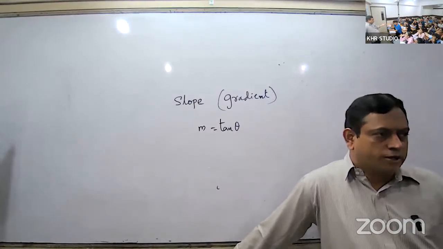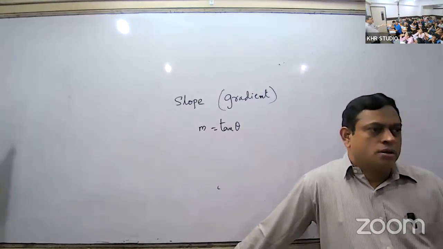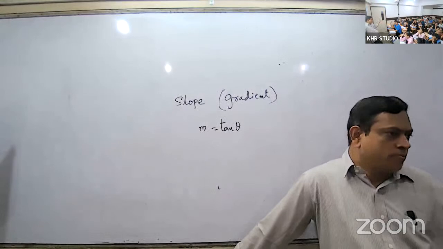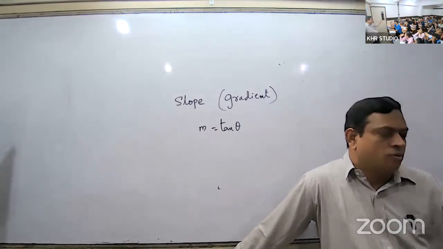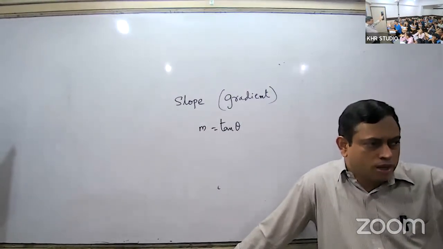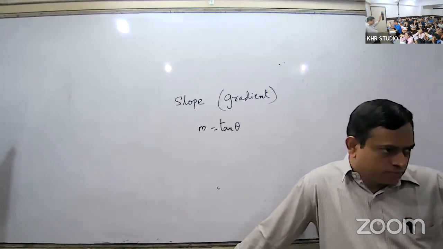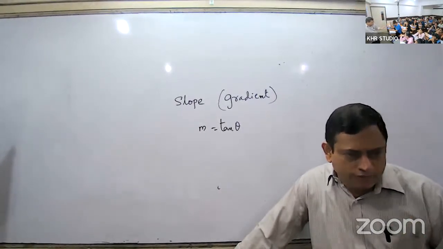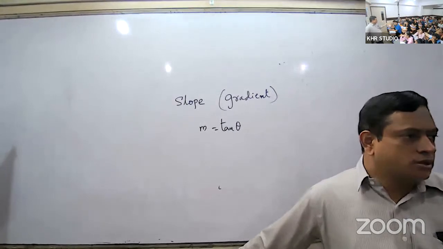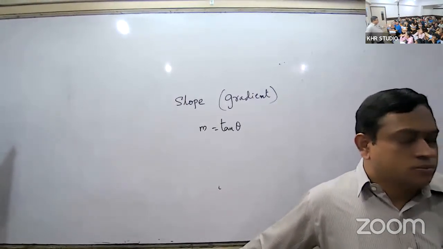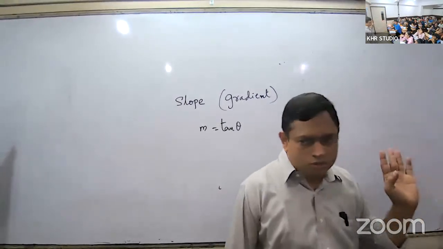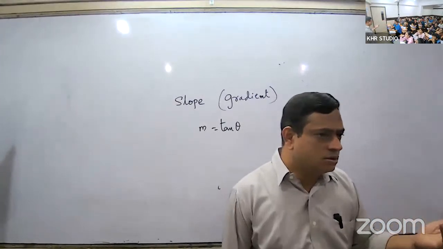Tan 135 is minus tan 45, minus 1, because 135 is 180 minus 45. Tan 150.